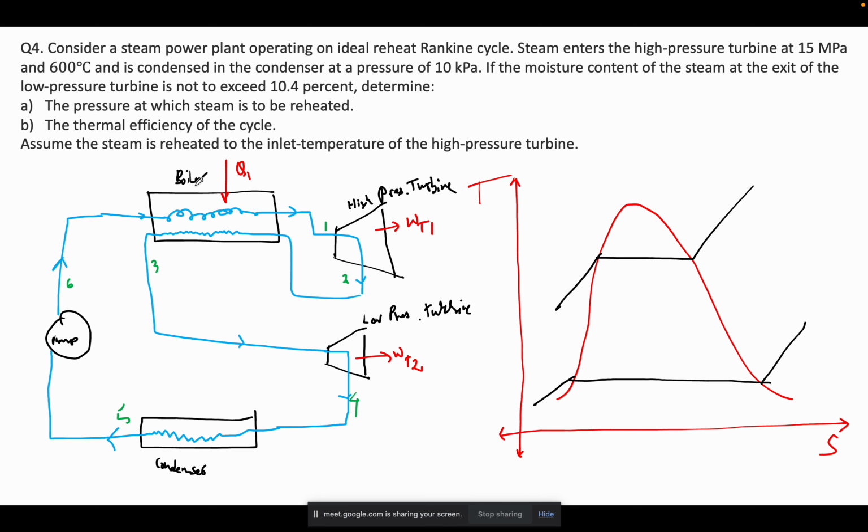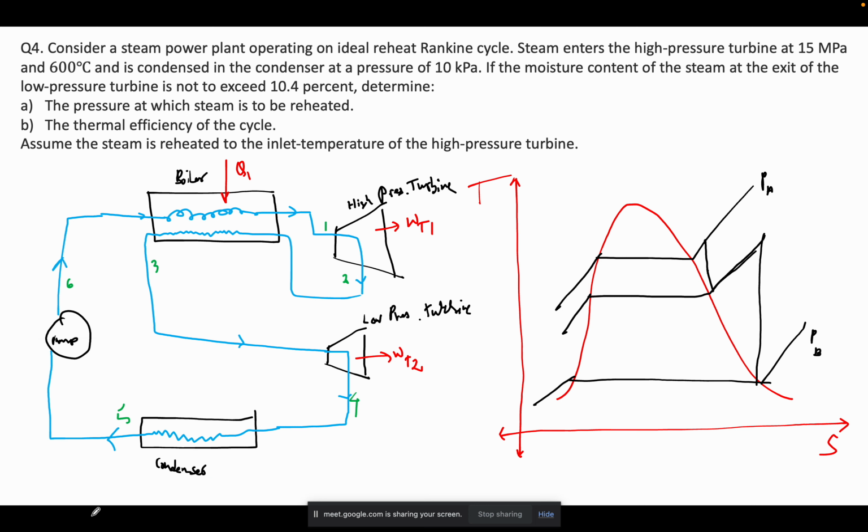Suppose this is my boiler pressure PA, and this is my condenser pressure PB. Earlier it was directly expanded from here, but now it expands partially, and then once again this gets reheated here, then it is expanded. Got it? Let me change the color, then you'll understand.